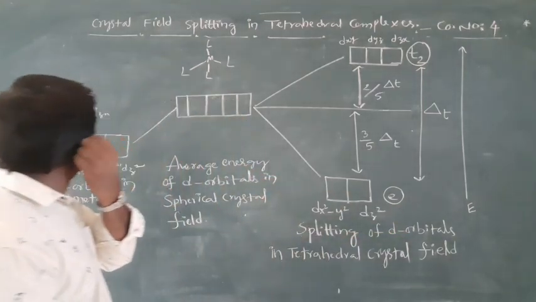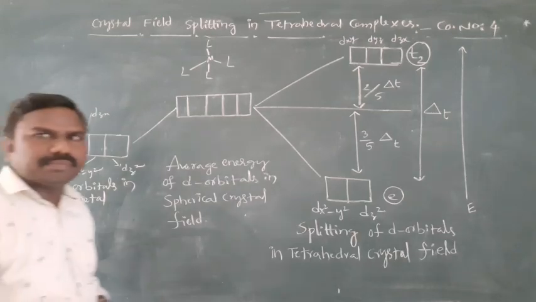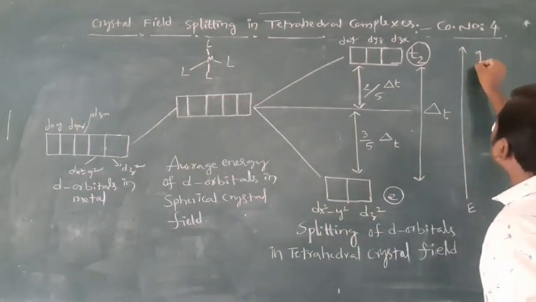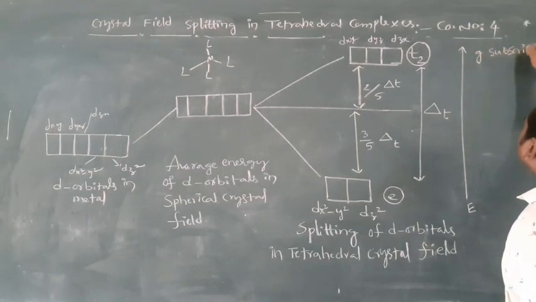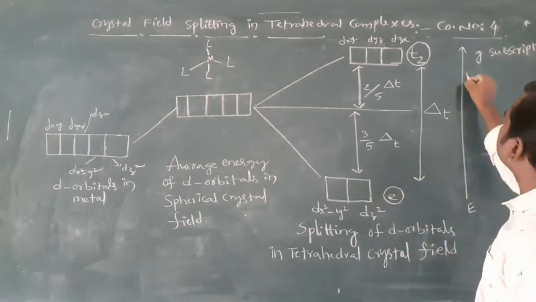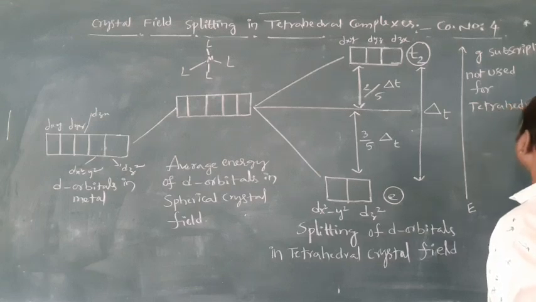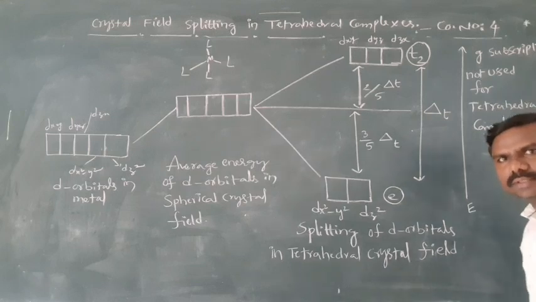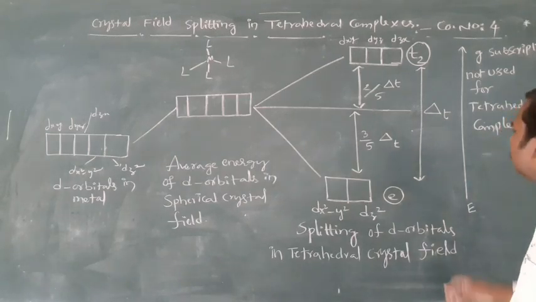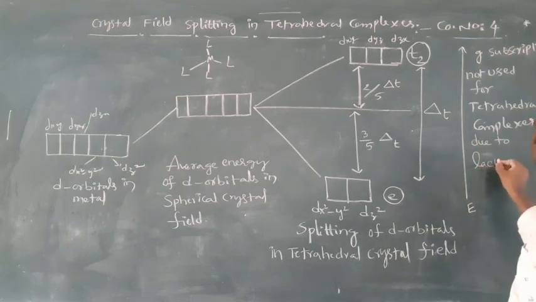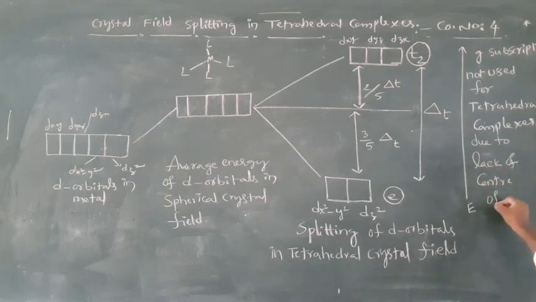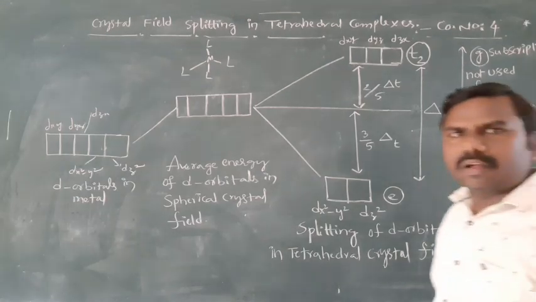I am writing the reason here: the g subscript is not used for tetrahedral complexes due to lack of a center of symmetry.